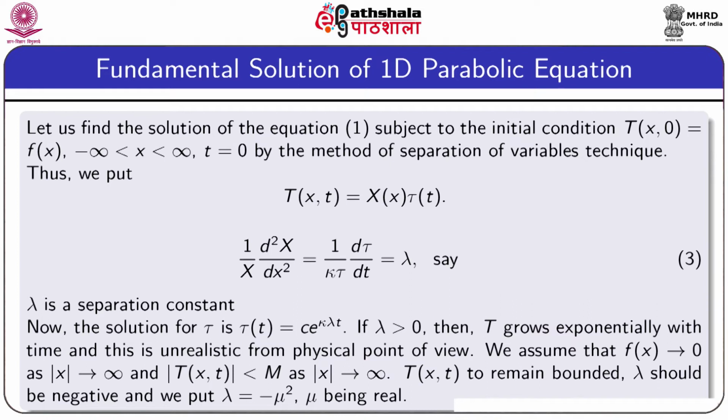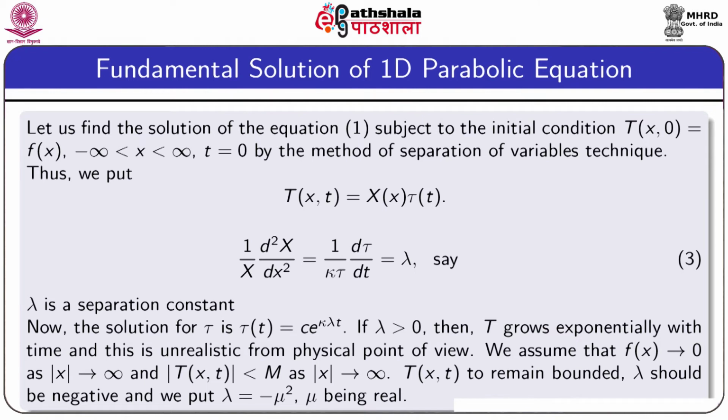If λ is greater than 0, T grows exponentially with time, and this is unrealistic from the physical point of view. We assume that f(x) tends to 0 as |x| tends to infinity and the value of T is bounded, that means |T| is less than M as |x| tends to infinity.